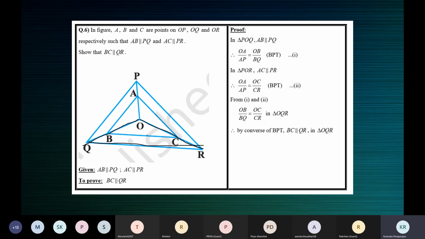The sides which are divided, leave those two sides. This is the third side of the triangle. OQ and OR, these two sides, are divided by B and C. Leave those two sides. This side only is not divided by anything. So BC is parallel to the third side QR.